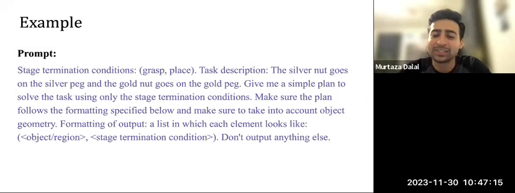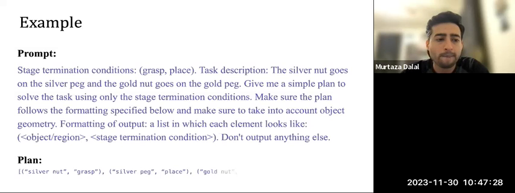But as you can see, the prompts are very simple. And now what we'll see is the plan outputted by the language model. The plan itself is also very coarse, but it decomposes the task in a way that makes it easy for the agent to learn to solve exactly what it needs to do.